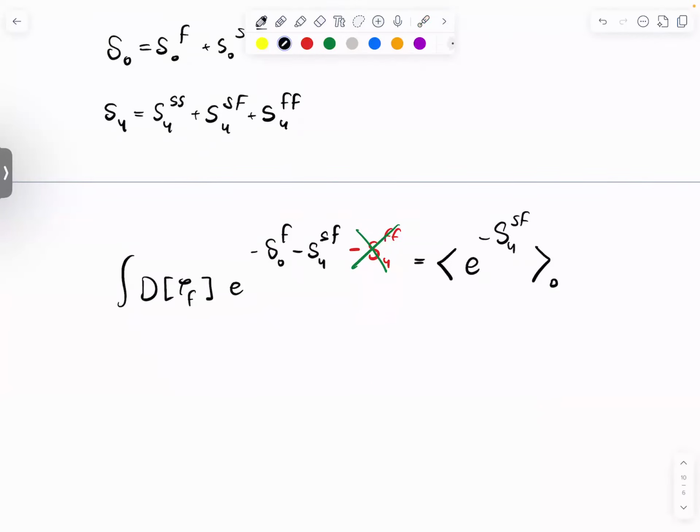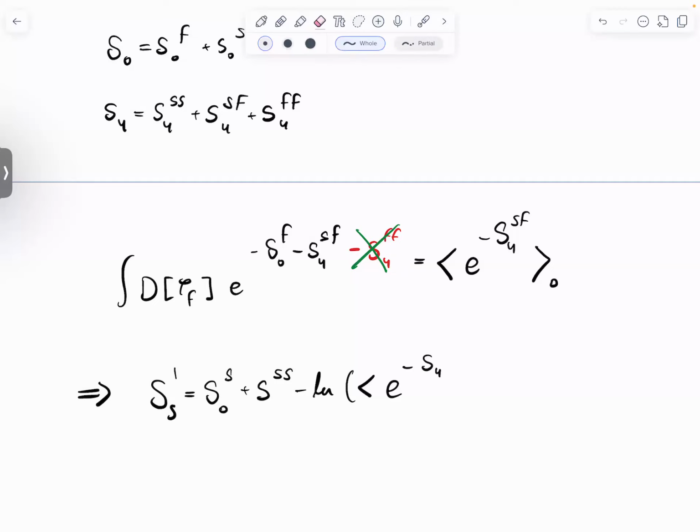Well, that implies that our new action, S prime slow, after the integration out, is S0 slow plus S slow minus the logarithm of e to the minus S4, sorry, so instead we're going to call it S4 FF, with expectation value 0.